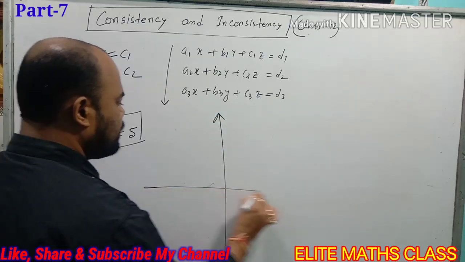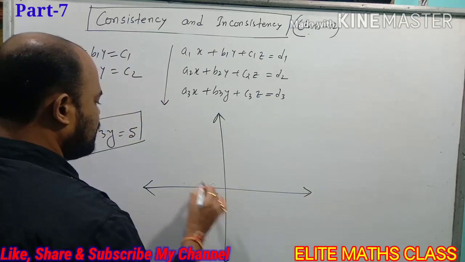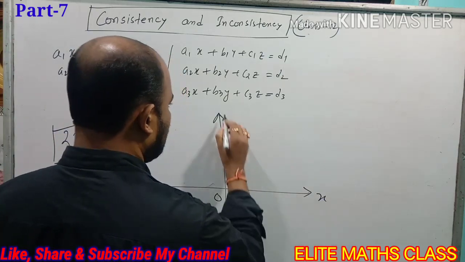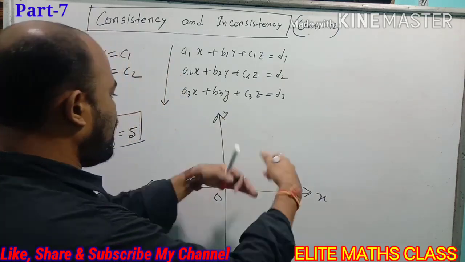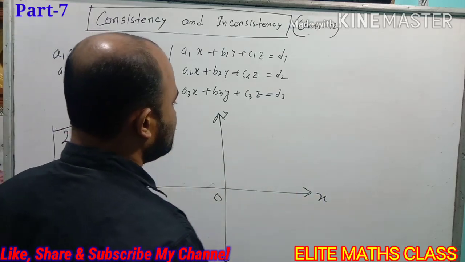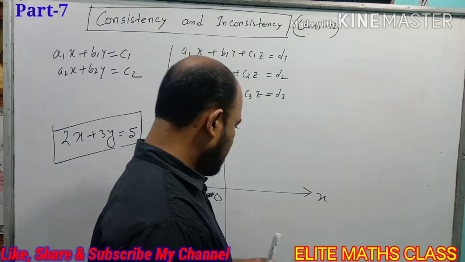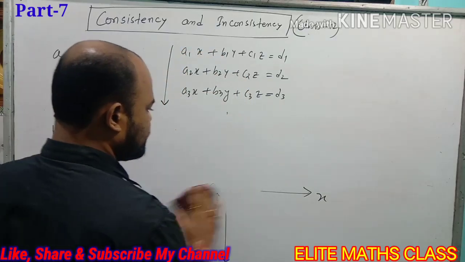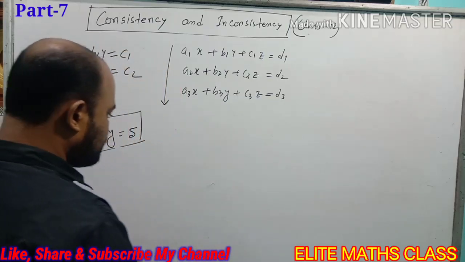That is, the graph of this equation represents a straight line. This is the x-axis, y-axis. Now how to understand whether a system is consistent or inconsistent. See, here I am drawing three sets of straight lines.